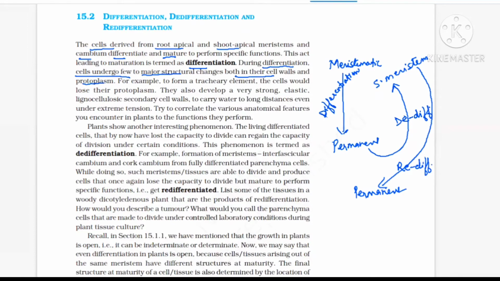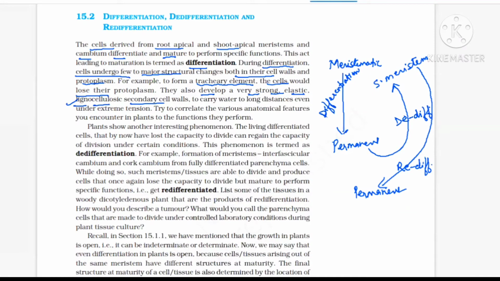For example, to make tracheary elements, which include tracheids and vessels, the cell has to lose its protoplasm and develop a very strong, elastic lignocellulosic secondary cell wall. So you have already studied in the anatomy chapter, the secondary cell wall is laid down of lignin.